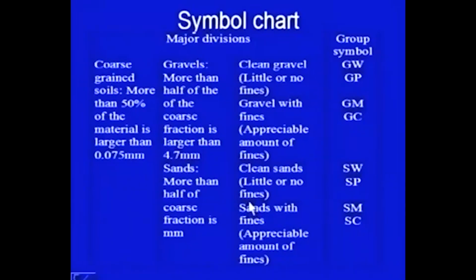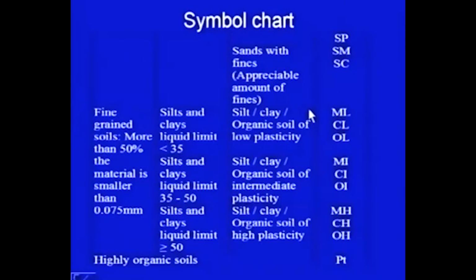and so on. This is the second part of the same table. Here poorly graded sand, sand with non-plastic fines, sand with plastic fines, and then fine grained soils are those soils which have more than 50% of the material less than 0.075 millimeter. They have silts and clays: ML, CL, OL, MI, CI, OI, MH, CH, OH.